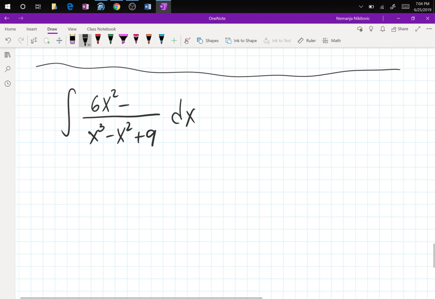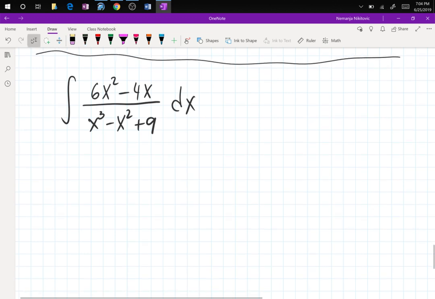6x squared minus 4x. Hopefully. It's a math problem. So let's see your math skills now. What are we looking for in each problem? Yes, function derivative pair. Great. Can you find one over here?